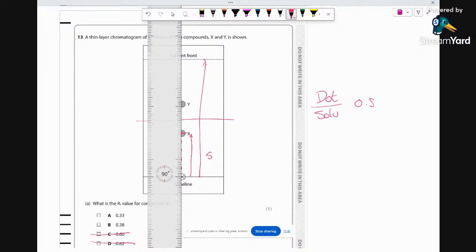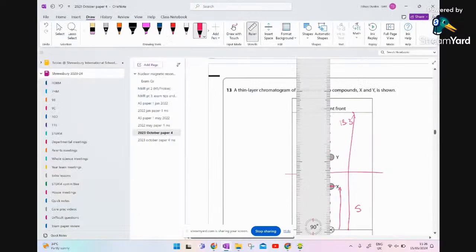And then for this one, if that's 5, 6, 7, 8, 9, 10, 11, 12, 13.3. So 5 over 13.3 gives me 0.376, so it rounds to 0.38. Nice. Make my ruler vanish.